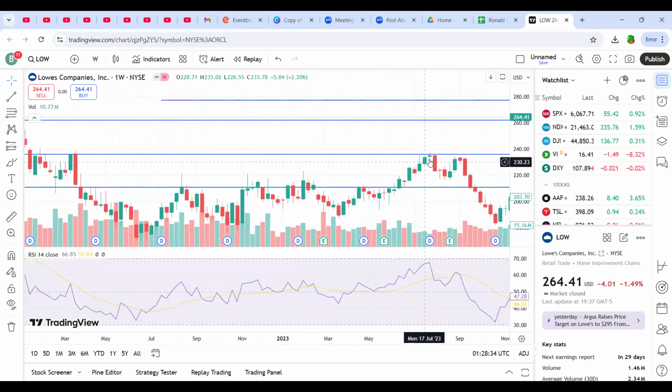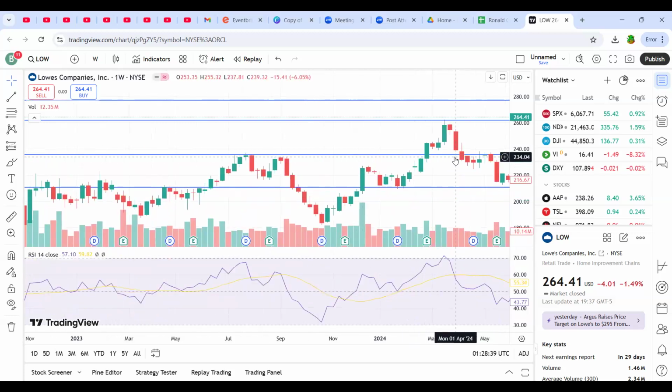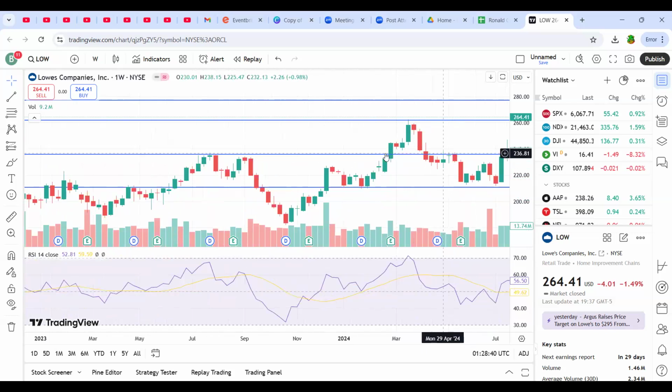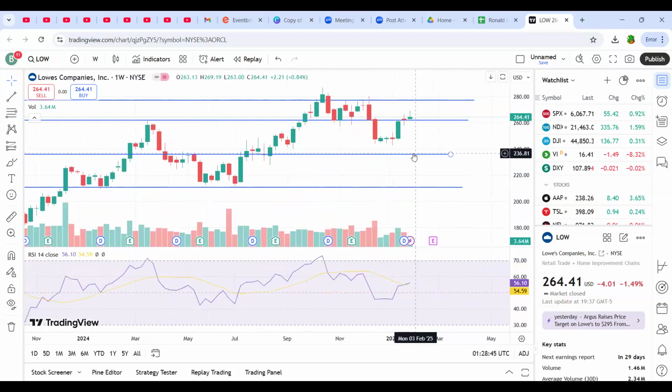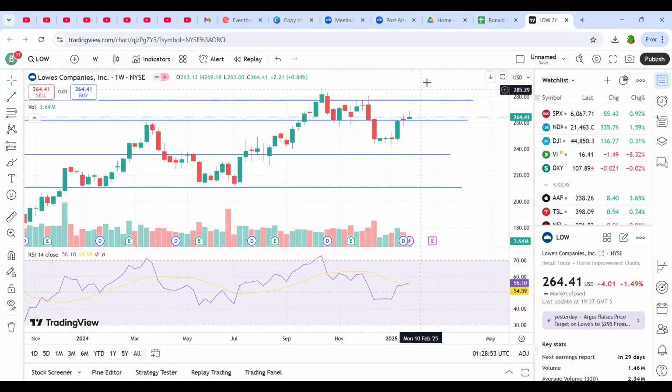It came back and respected it again in 23, and then respected it some more in 24. So if this pulls back down again, it could test this 235 if it doesn't hold up there, because that's the next zone.